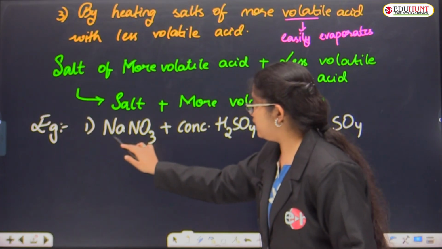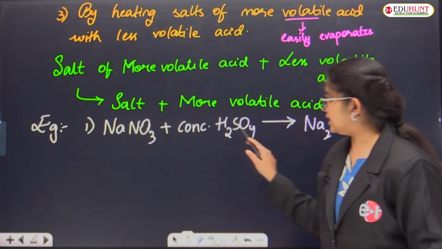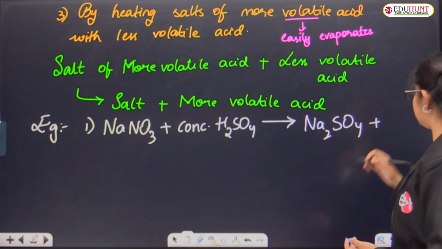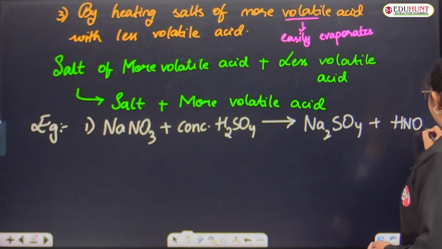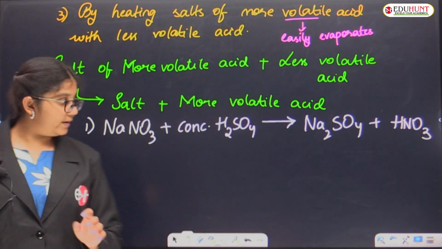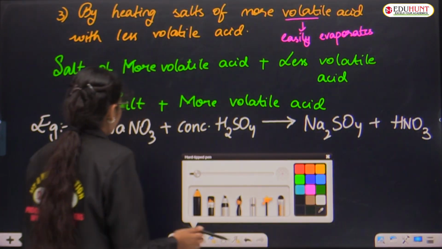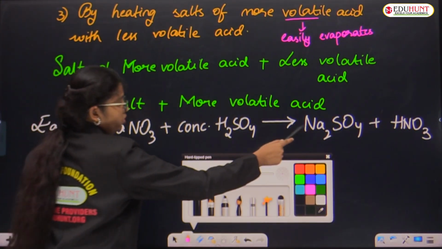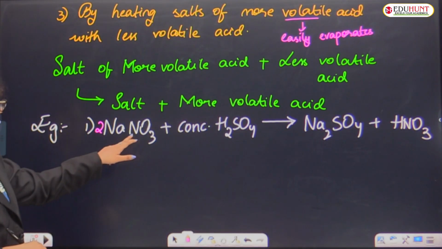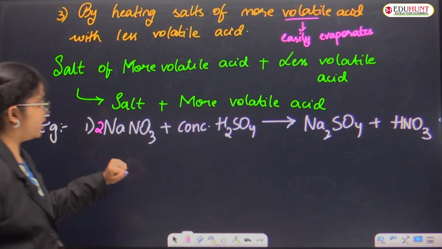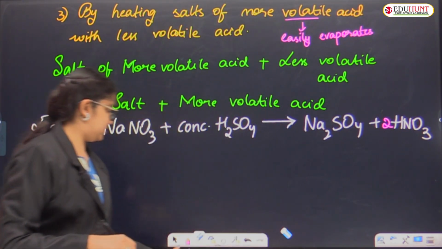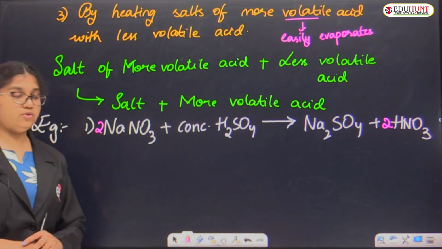See, sodium and sulfate. Sodium sulfate. This is a salt formed, and the other one is more volatile acid. That is HNO3. To balance this, Na2 should have 2 here, so 2 Na is sufficient. And nitrogen is having 2, so I'll write 2 over here. Balanced. Clear, no? Yes. So this is the first example for you.